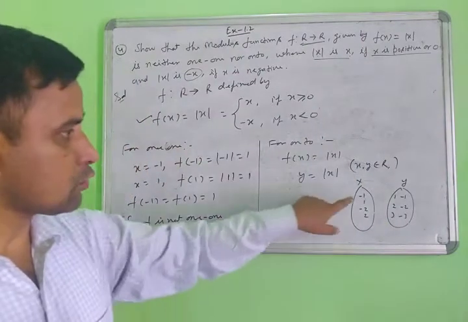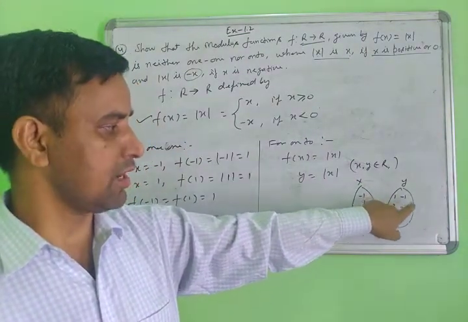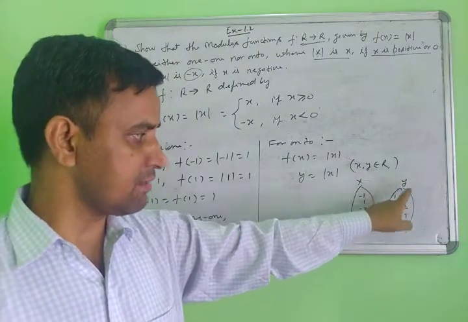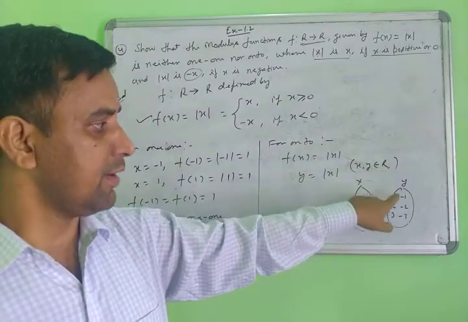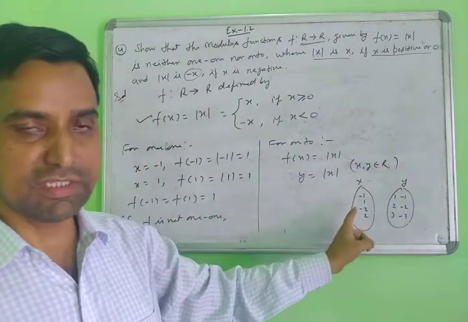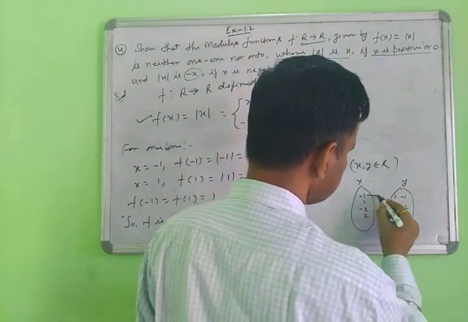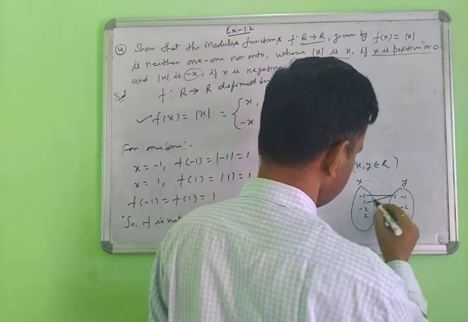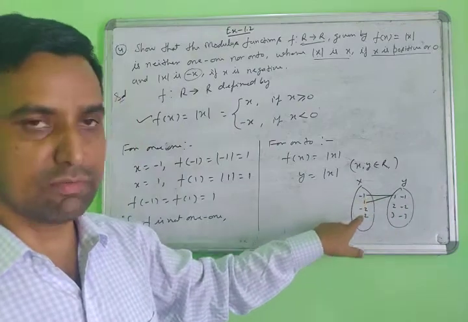Minus 2 belongs here, minus 1 also belongs here, minus 3, minus 4, minus 5, all negative numbers belong here in this y, because y is also the real numbers, but they do not have a pre-image in the domain. Look, minus 1 has the image 1, and 1 also has the image 1, but minus 1 does not have an image in anyone here.